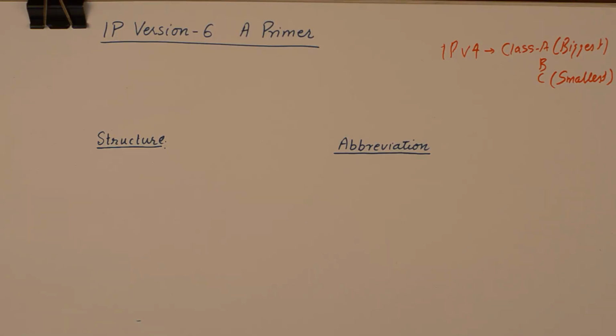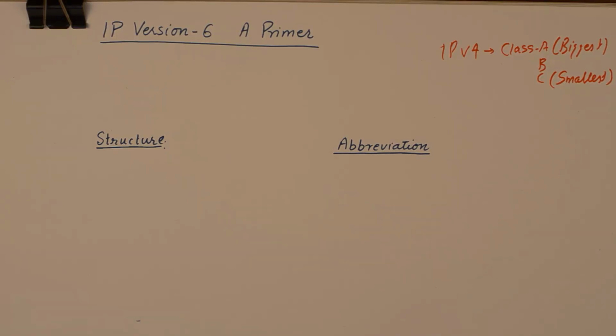Courtesy 4 octets, we used to have a few classes like class A, B, and C for users to use in both private and public domain.